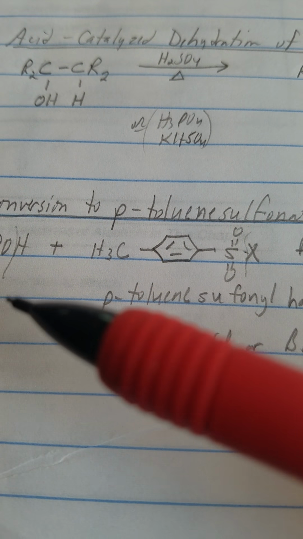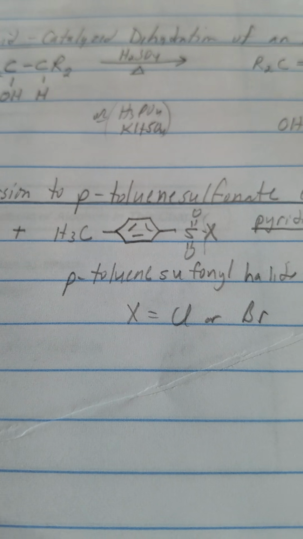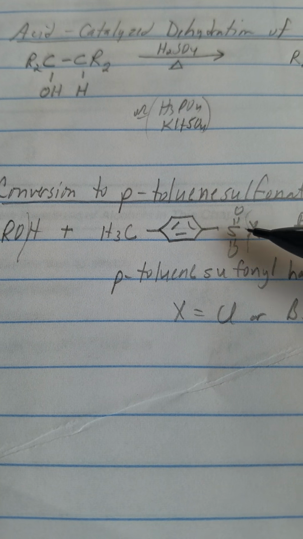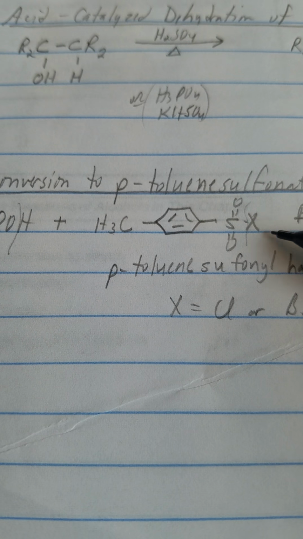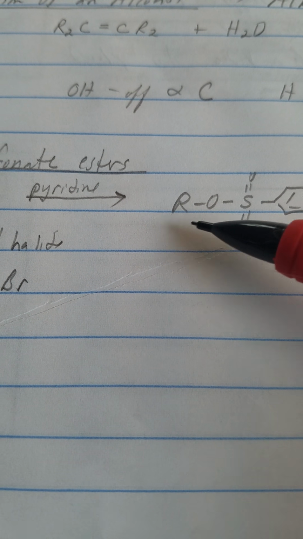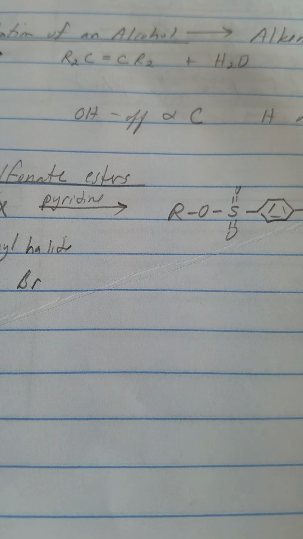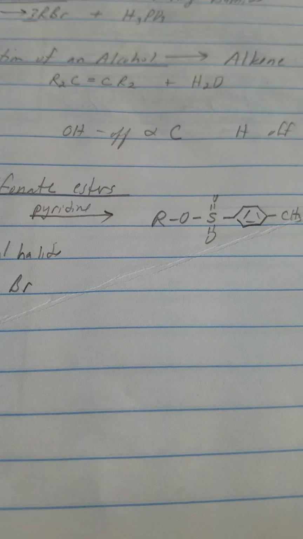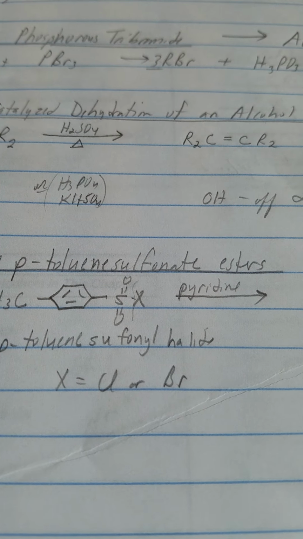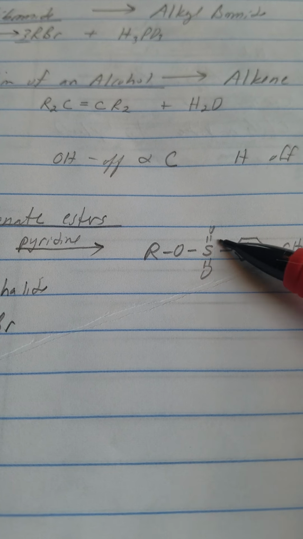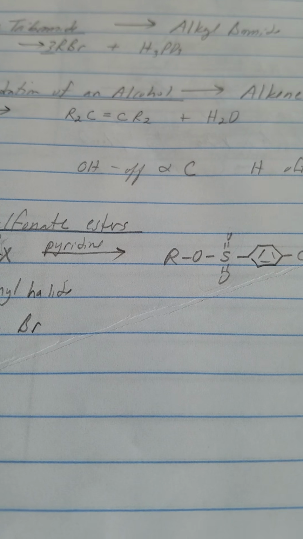You'll break that off, so you'll get hydrogen chloride or hydrogen bromide as a byproduct, and then your OR group is going to attach here. So you can see that this comes from my original alcohol. So this makes a para-toluene sulfonate ester, sulfonate ester being this grouping in here.